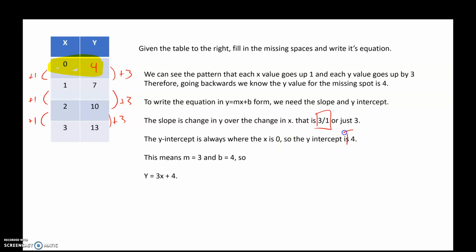And we got that y-intercept of 4 that we just talked about. So let's write it out. You put the 3 into the m position and the 4 in the b position. And there it is, y equals 3x plus 4. So if you've got the m and the b, it's easy to make the equation, and our tables usually give it to us.